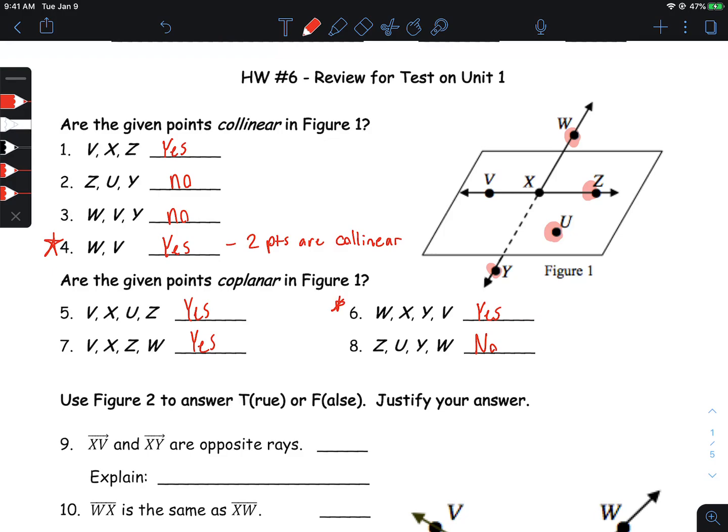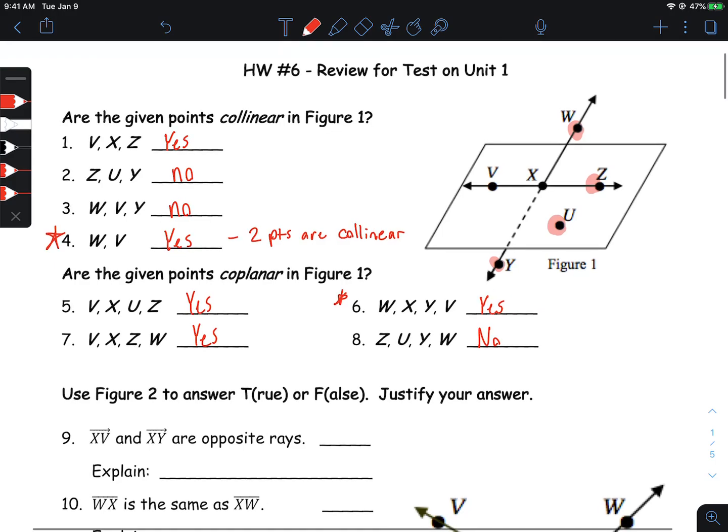Okay, and then one other example I want to add, it's kind of similar to 4 up there at the top, so I don't know, let's call this 8.5. If I ever give you 3 points, for example, let's say I give you X, W, and then Z. If I give you 3 points, that will always be coplanar no matter what.